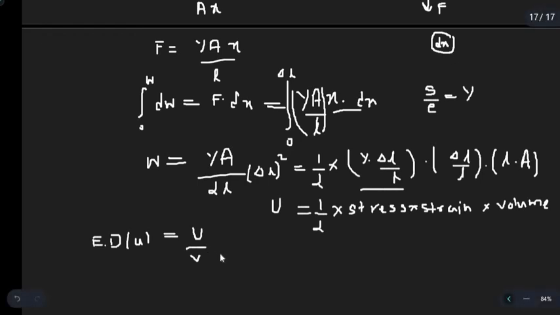So capital U upon V, which will give us the formula. This volume part will just get cancelled, and you will get half into your stress into strain. Okay, that's it. So this is your energy density formula.